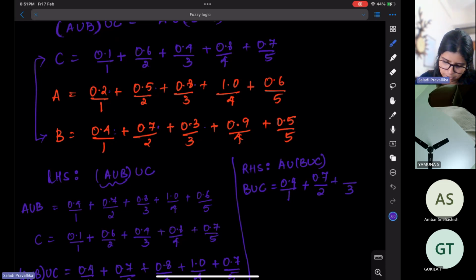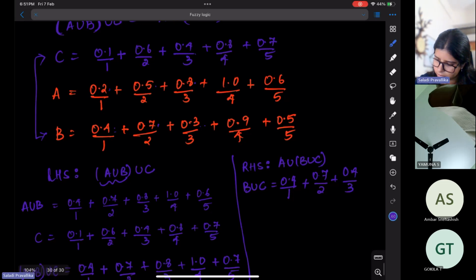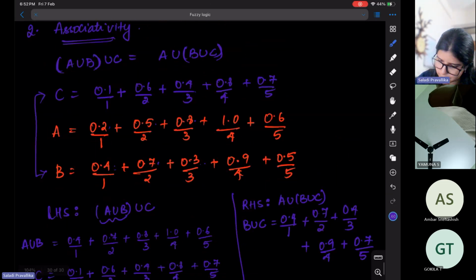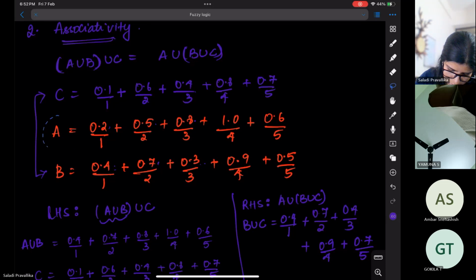For x equal to 3, the highest between those is 0.4. For x equal to 4, it is 0.9, and 0.7 for x equal to 5. Right? Now we also have A. Let us bring A here.